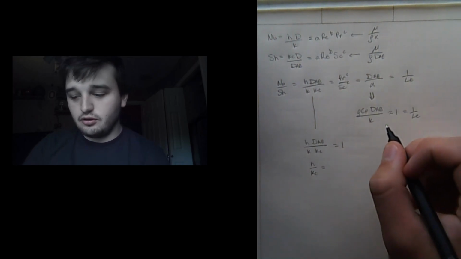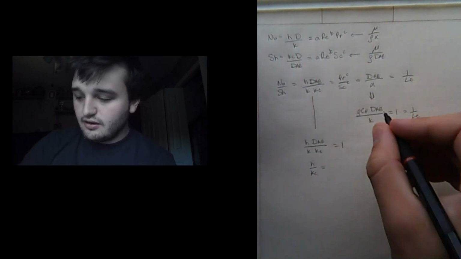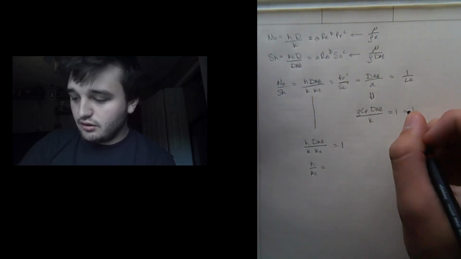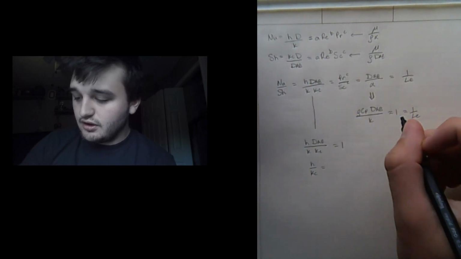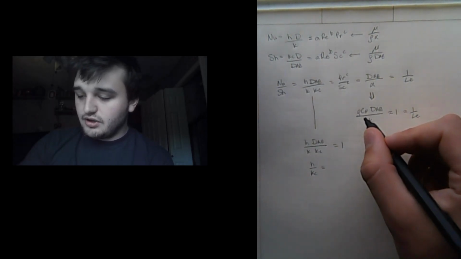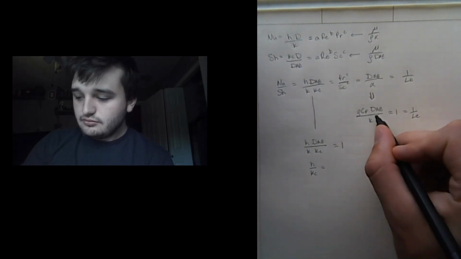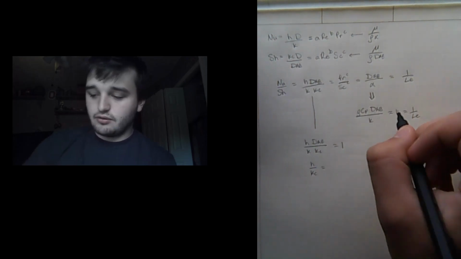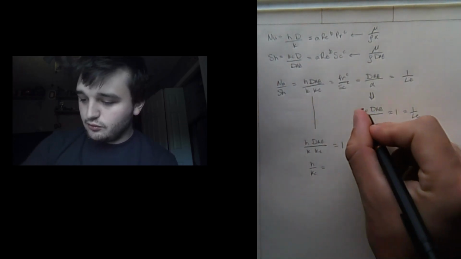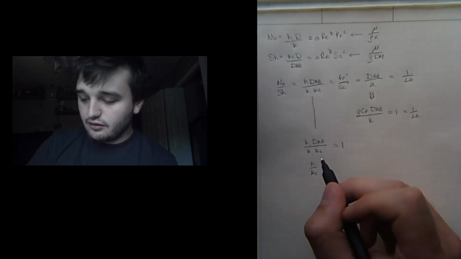and this is where we apply another substitution for variables. From this equation right here, we know that D_AB over K is equal to 1 over rho Cp, and therefore K over D_AB is equal to rho Cp. So essentially we're saying that the diffusion coefficient and the thermal conductivity have a relation to the volumetric heat capacity, and we can substitute the volumetric heat capacity in for the diffusion coefficient and the thermal conductivity here.